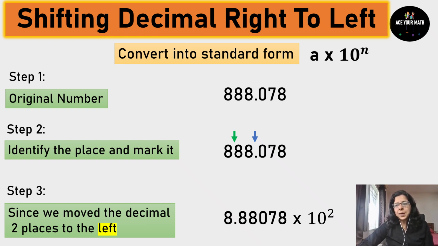So always keep in mind that whenever you shift decimal from right to left, you will always put a plus sign in your exponent. So the given number is 8.8078. This value is less than 10. It is correct. Times 10 raised to the power 2, and 2 is also an integer. So this is the scientific notation form.